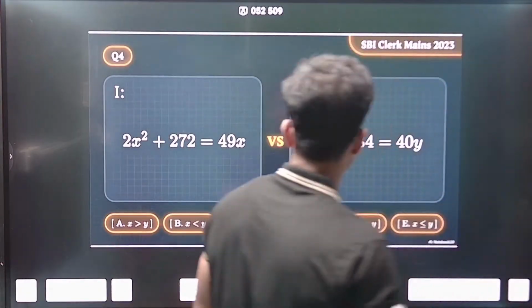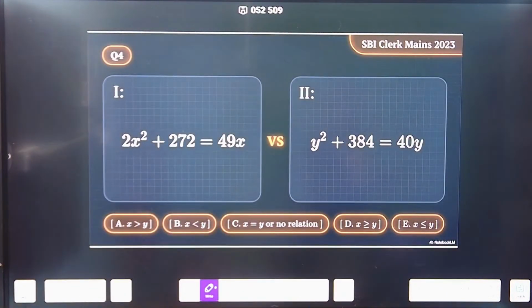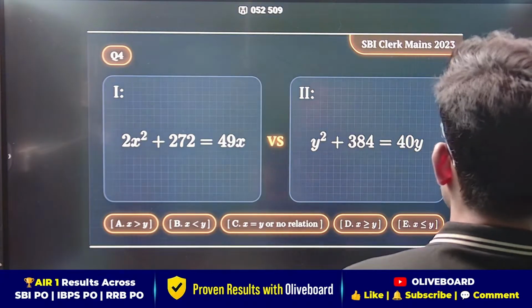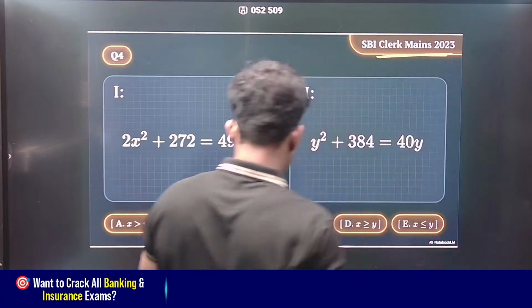Come on, solve. All the questions are for the mains level, because if you go for the mains level, definitely you can solve a prelims question. This is again, guys, SBI clerk mains.